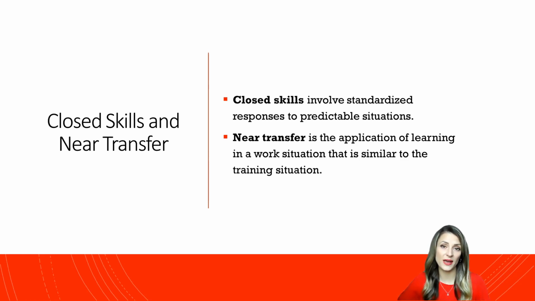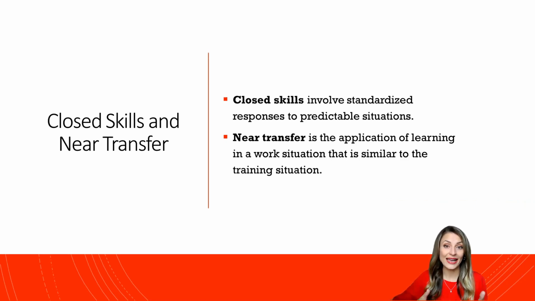There is one best way to perform a closed skill, like checking in a hotel guest or filling out an accident report. Closed skills are best developed through near transfer, when the training situation and the work situation are similar, and when trainees are expected to apply what they learn on the job exactly as it was learned in training.